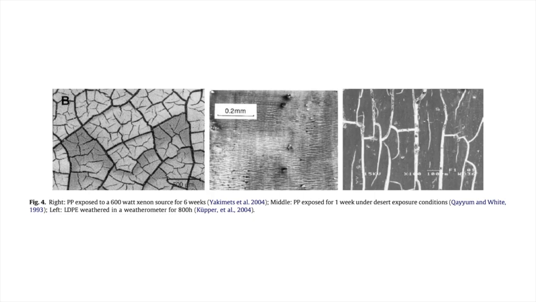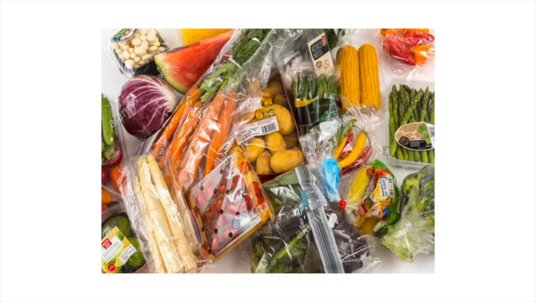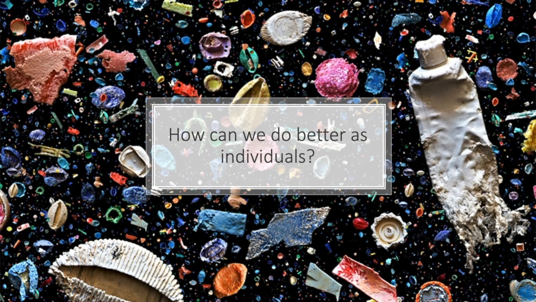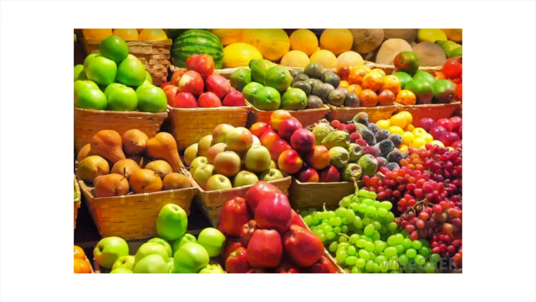So how can we do better as individuals? I will discuss very simple things that you can change in your life, and you can choose what is the easiest thing to incorporate into your life and start with that. So one being, instead of buying packaged produce, you can buy unpackaged ones.